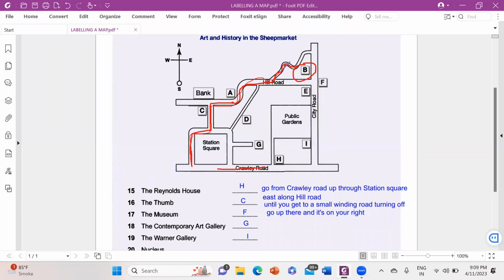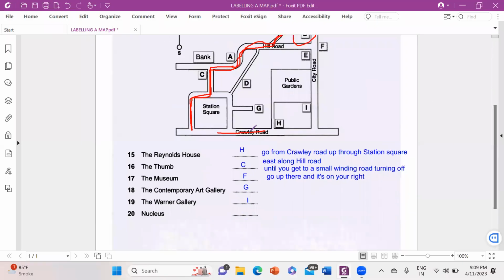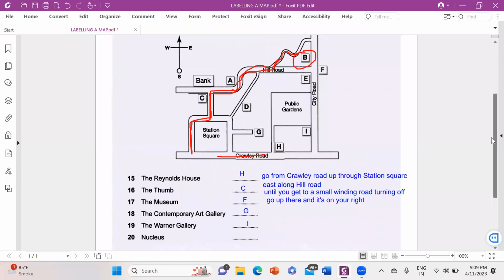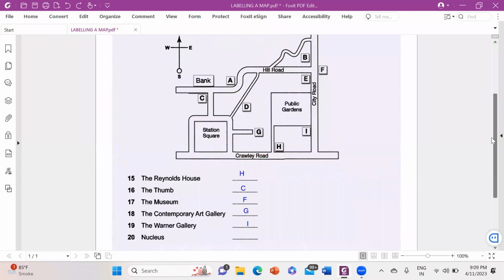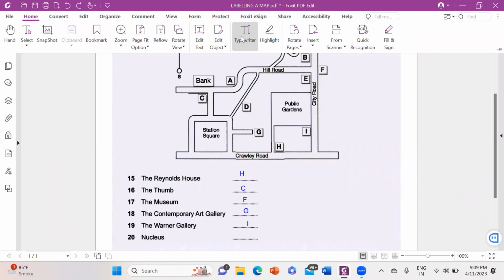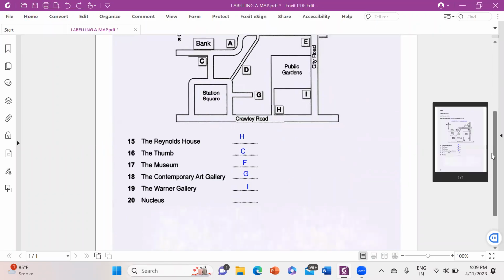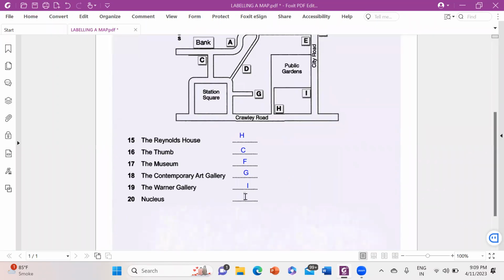That means take that road. And it's on your right. So that was B.